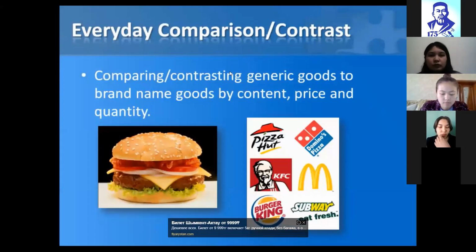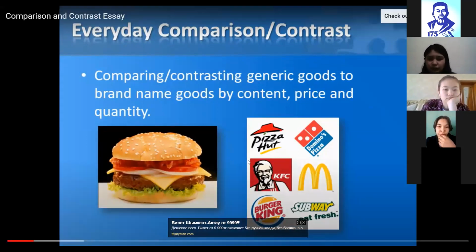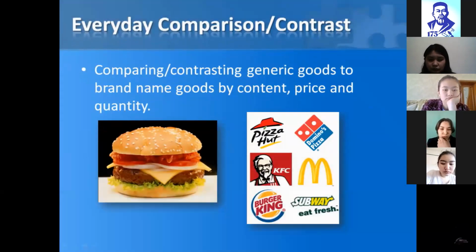Okay, so we use comparison and contrast in everyday situations. Whenever you go to a grocery store or you pass by a fast food restaurant and you wonder to yourself, should I get Burger King or should I just make my own burger at home? At home, can I get the same quality as the burger at Burger King? That's making a comparison, right?